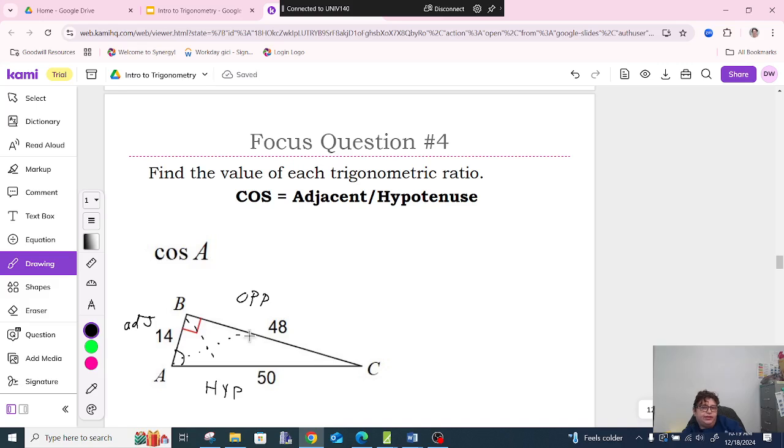Cosine is adjacent over hypotenuse. 14 over 50, which when I reduce my fraction, that is 7 over 25. Everybody gets 7 over 25. No, what happened? Oh, okay. You forgot to reduce. Okay. So next time, reduce.